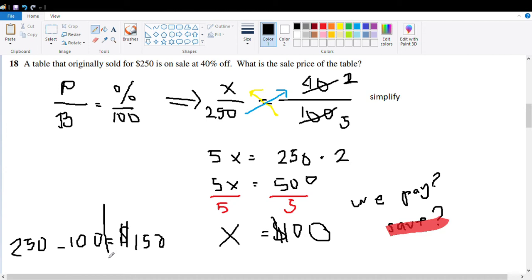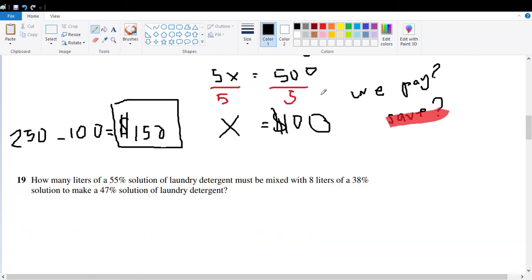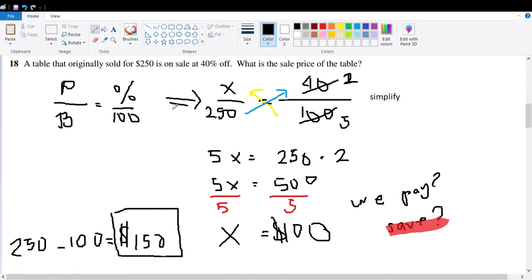So our final answer is $150 is how much we paid for the table, which is the sales price. Okay, so that's how you do 18.